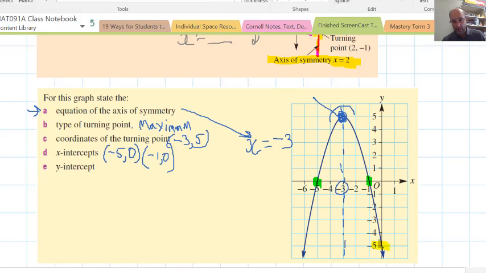That's where it cuts the y-axis, and that appears to be when y is -5. So that would be the point 0, -5. Time to try some activities.